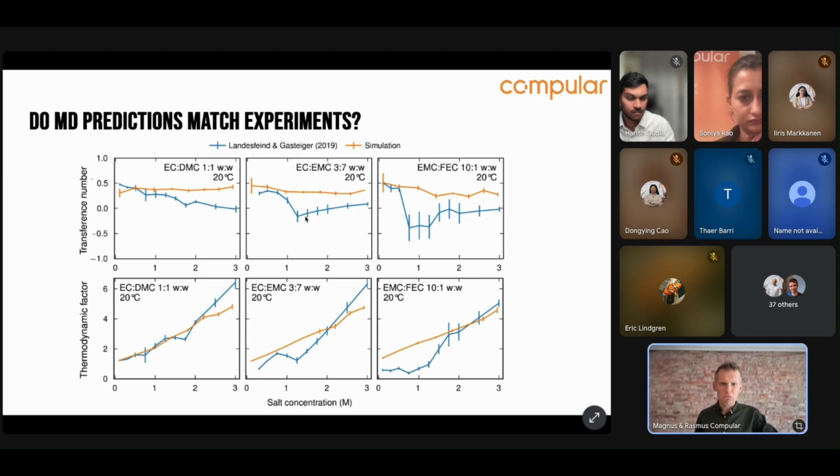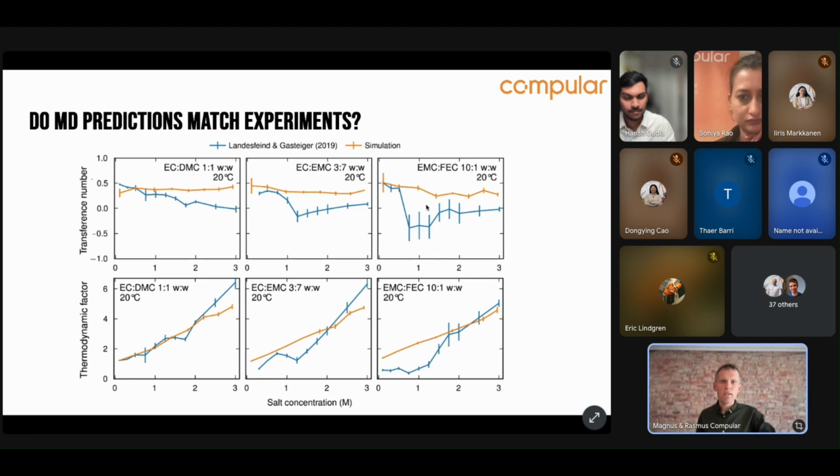The lines are not particularly smooth. They vary in a way that you wouldn't really expect, and also if you look at the absolute scale, for transference number, they see a lot of negative transference numbers, which is not impossible physically, but it's also not particularly probable that this should happen in this system. You can argue about that, of course, but it is a bit suspicious.